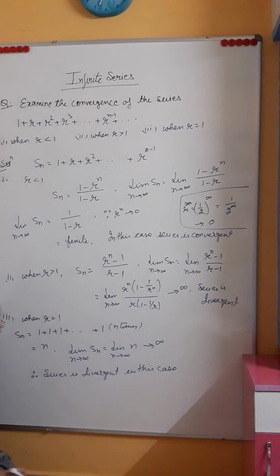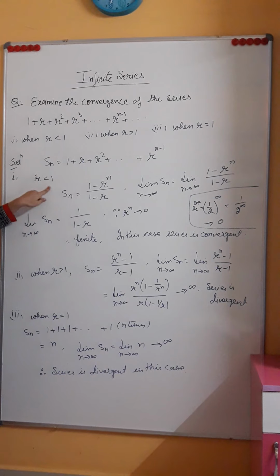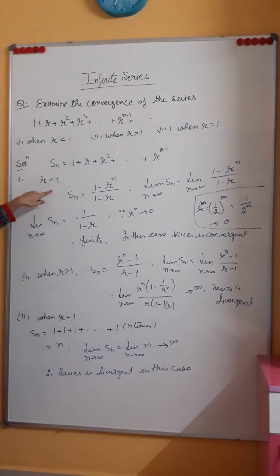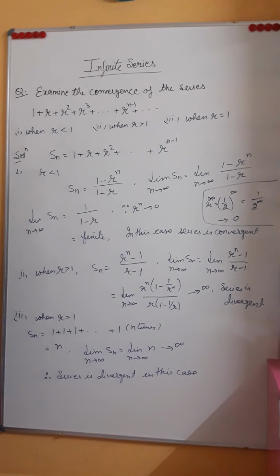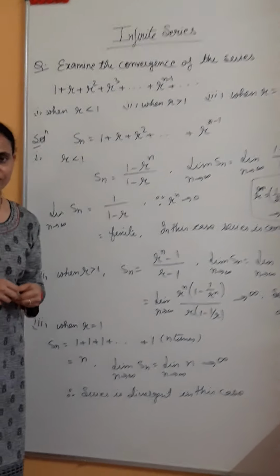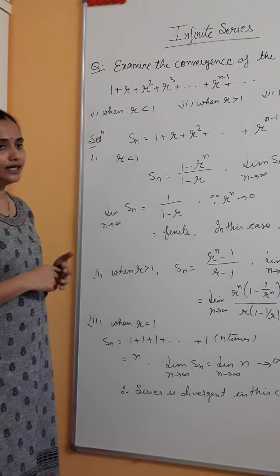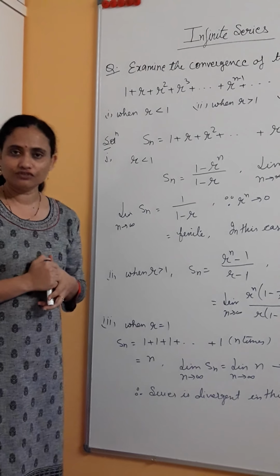So the geometric series is convergent only in the case when r is less than 1, when the geometric ratio is less than 1. For the remaining two cases it is divergent. So these are the examples to understand the concept of divergence and convergence on the basis of summation of first n terms.